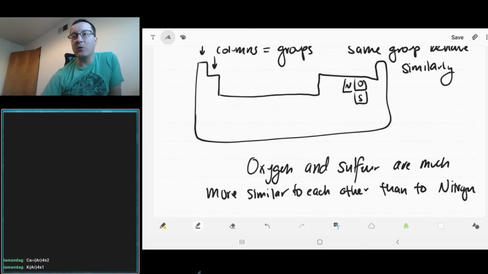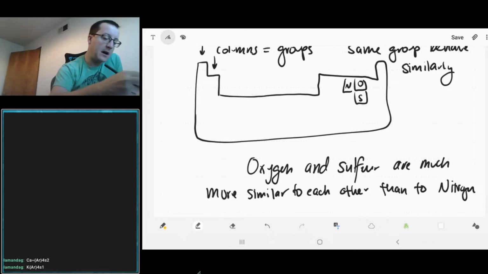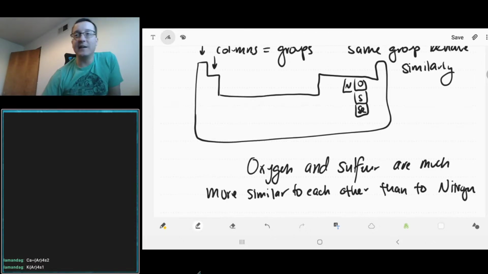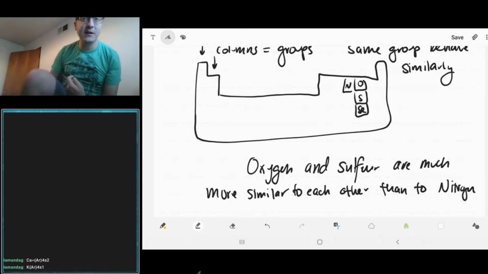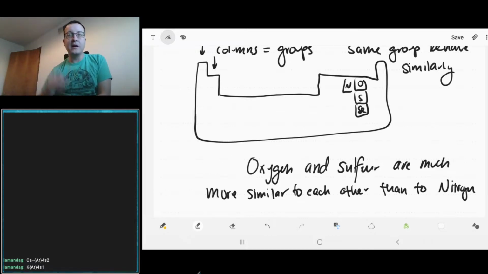And that means they will behave very similarly to each other in chemical reactions. And so even though nitrogen is right next to oxygen on the periodic table, oxygen is going to be much more related to sulfur in terms of chemical reactions than it is to nitrogen. And the same thing too if we put selenium on there. Again, oxygen and selenium are much more similar than oxygen is to nitrogen, or selenium is to nitrogen. Okay, so it's kind of the group that determines the properties of that particular element.